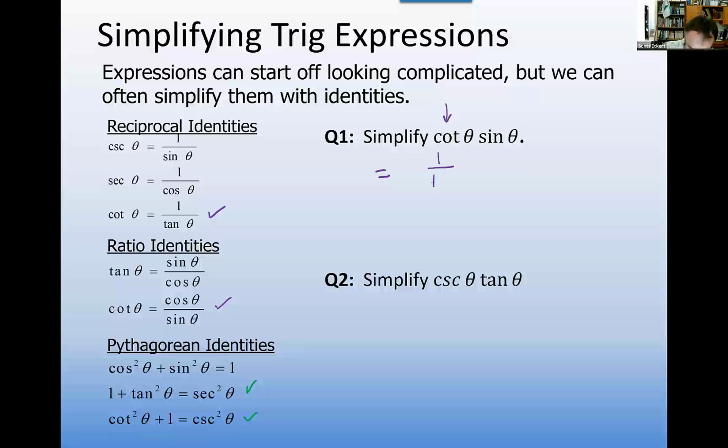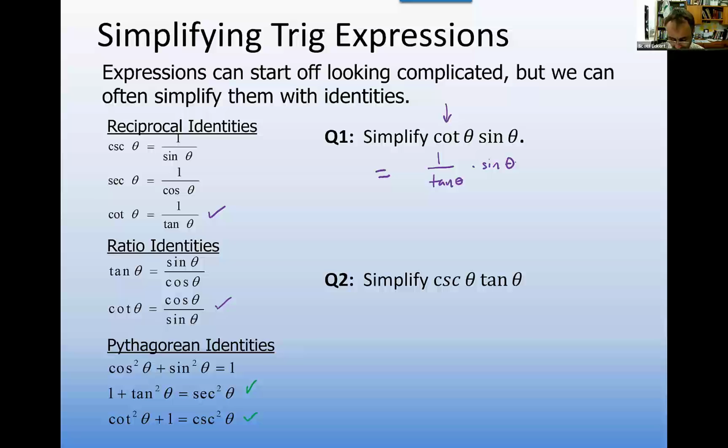If I do 1 over tangent times sine, I don't think that's really making it better. It's true, by the way. That is a correct, a true transformation. We changed it into something different. But our secondary question is, okay, yes, that's a correct change, but is it simpler? Is it better?